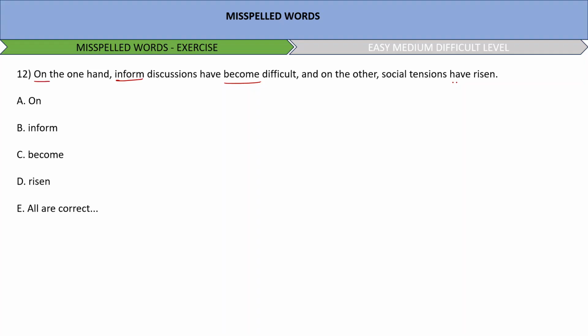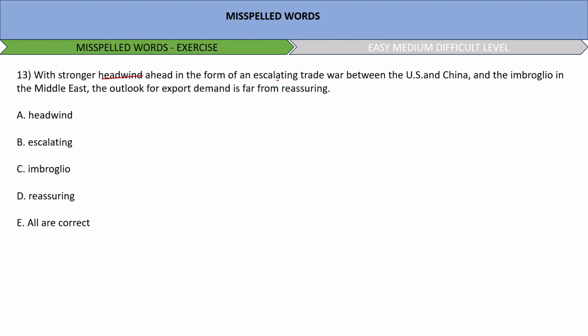With stronger headwind ahead in the form of an escalating trade war between the US and China, the imbroglio in the Middle East, the outlook for export demand is far from reassuring.